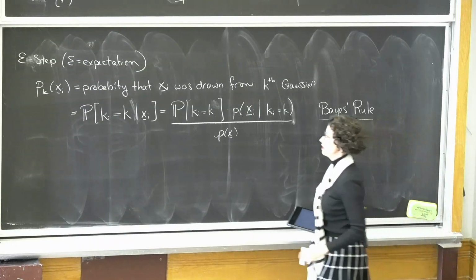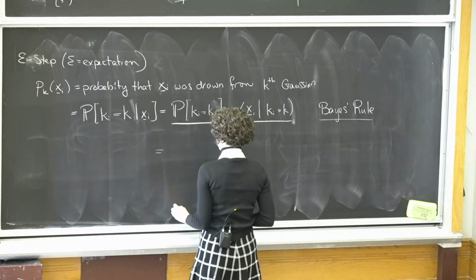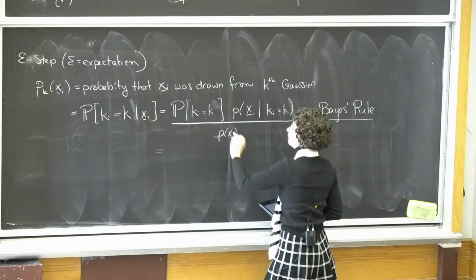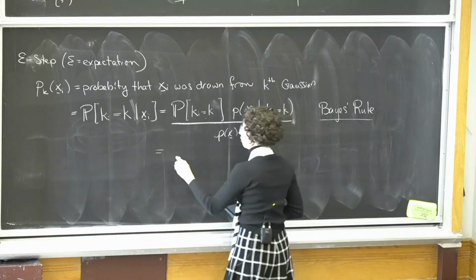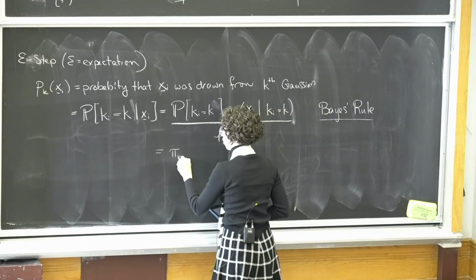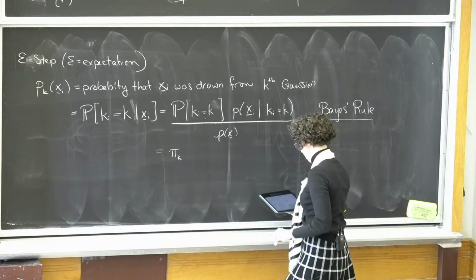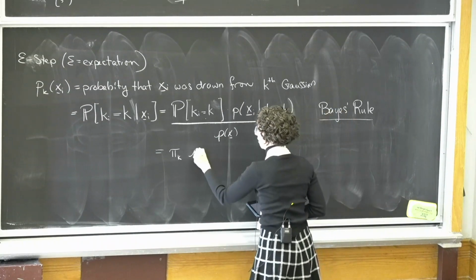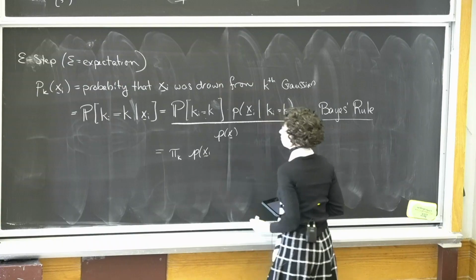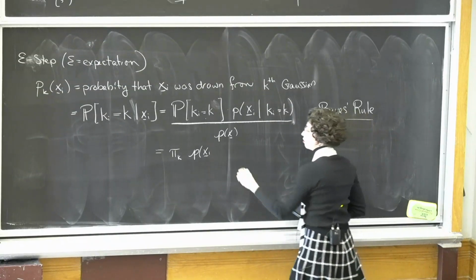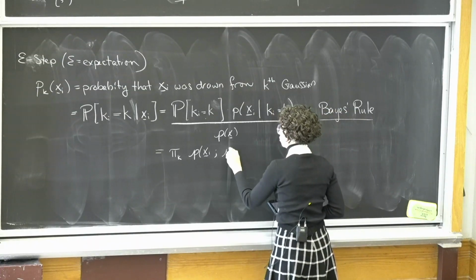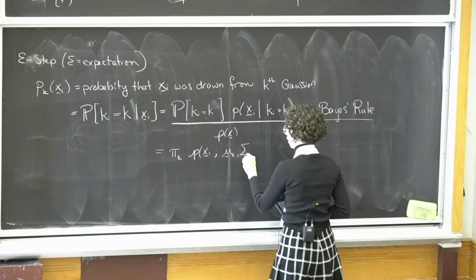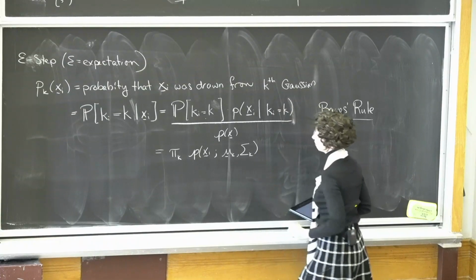And we can simplify this now, or use some of the information that we have. So this probability that we are using the kth Gaussian, period, is simply what we've been calling pi k. And then we've got this likelihood here, the likelihood of xi, given that it came from the kth Gaussian. And so now we can use our distribution function with mean mu k and covariance sigma k.